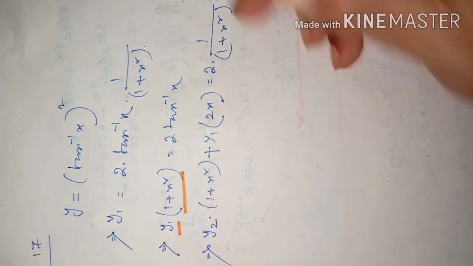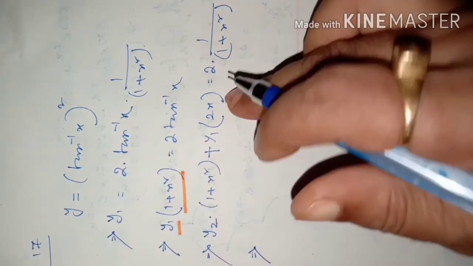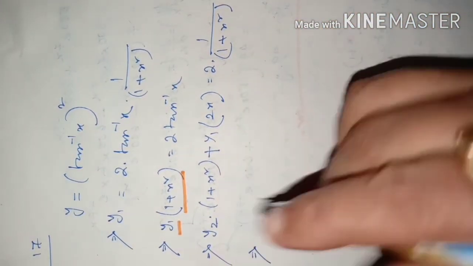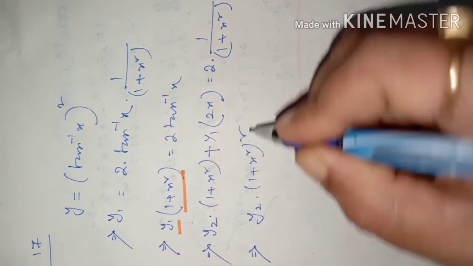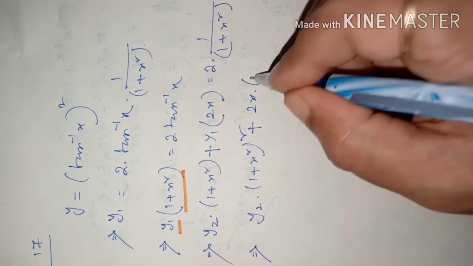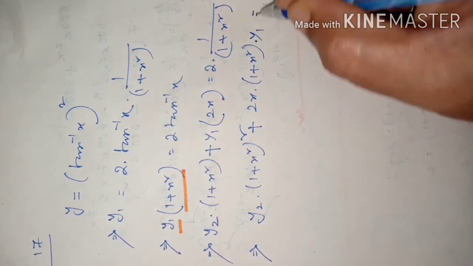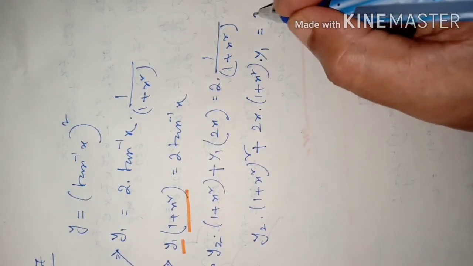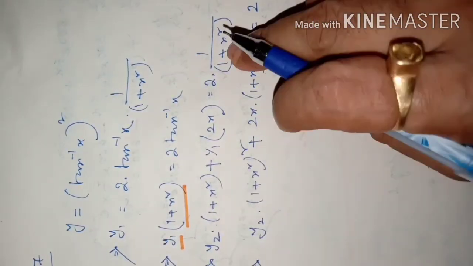Okay, now multiply the whole result, left hand side and right hand side, by 1 plus x square. So y2 into 1 plus x square the whole square, plus here will be twice x into 1 plus x square into y1 is equal to just 2, because this 1 plus x square is getting cancelled as we have multiplied all by 1 plus x square.